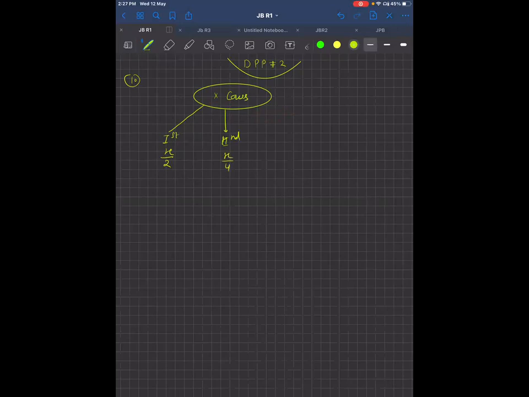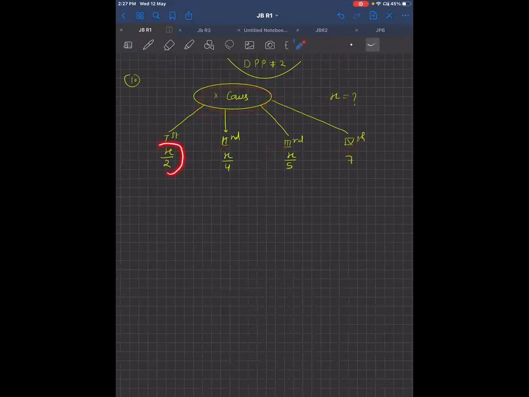The third son gets 1/5. It means x by 5. And the fourth son gets 7 cows. Then find the value of x. Now can I say that actually we divide the x cows among first, second, third, and fourth son.